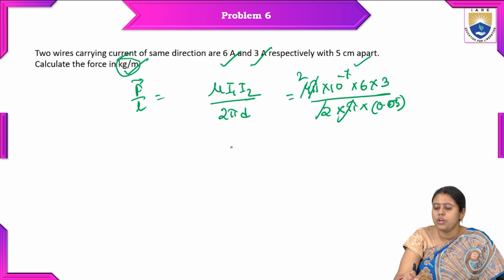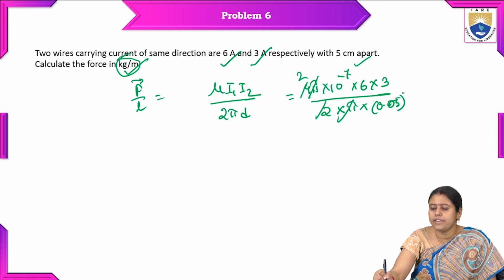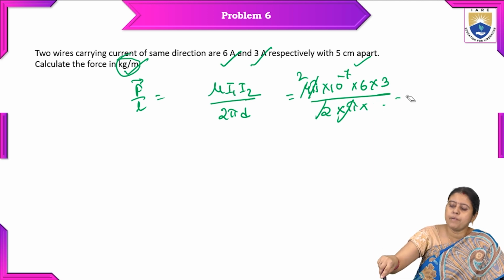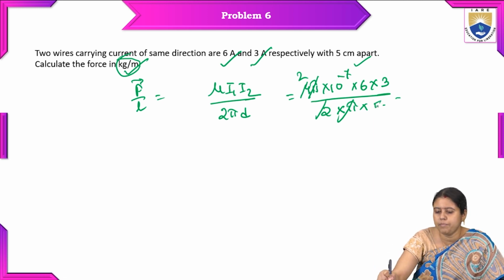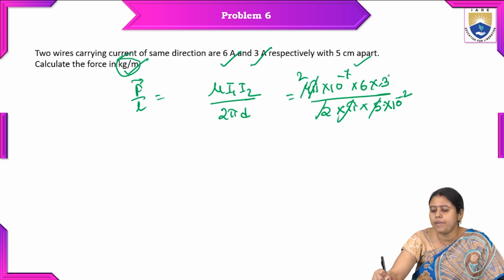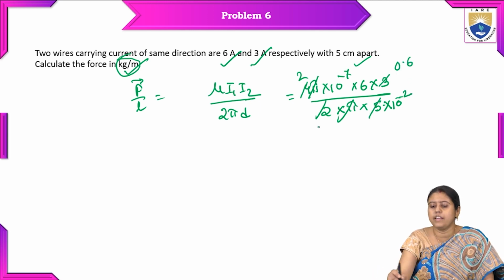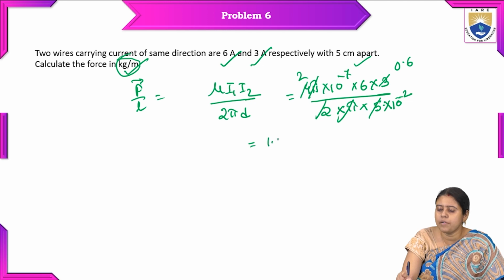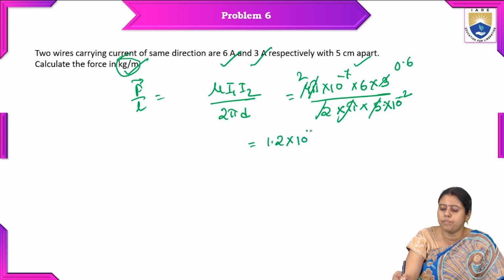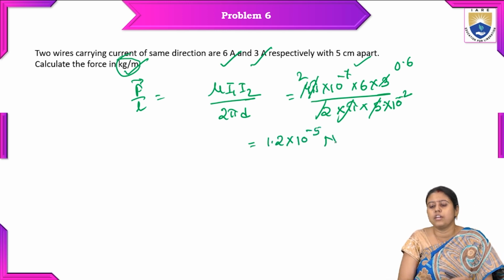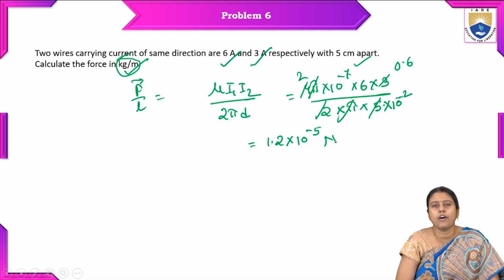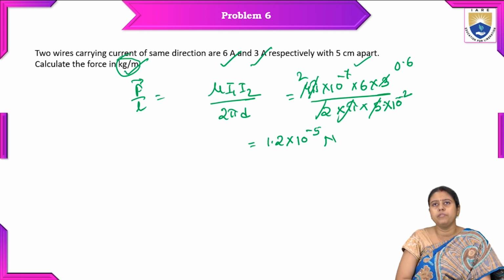It is 2, and 5 centimeter we can write as 5 into 10 to the power minus 2, and 5 by 3 is equal to 0.6. So we get 1.2 into 10 to the power minus 5 Newton. We got the value 1.2 into 10 to the power minus 5 Newton.